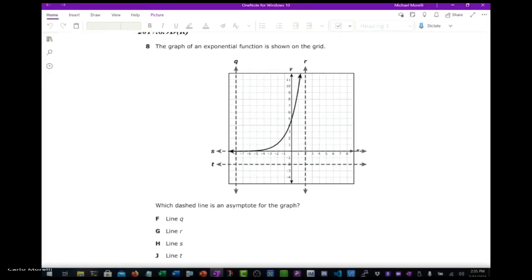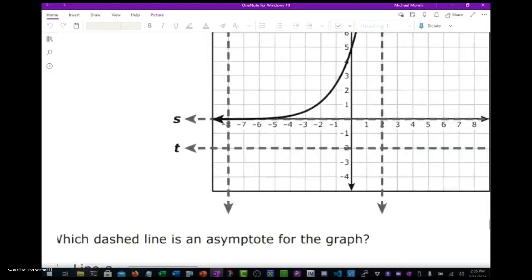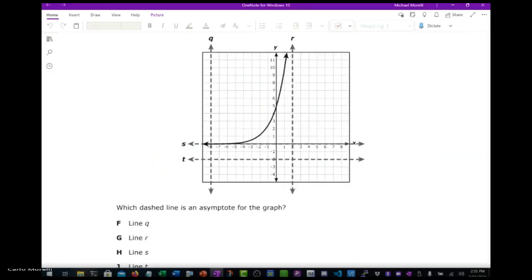Now look at line S. Line S is the line that forms the bottom barrier for the graph. You can tell that it will never fall below S, right? So that's the asymptote. It's the boundary. It's the fence. Do you see why R can't be the asymptote?